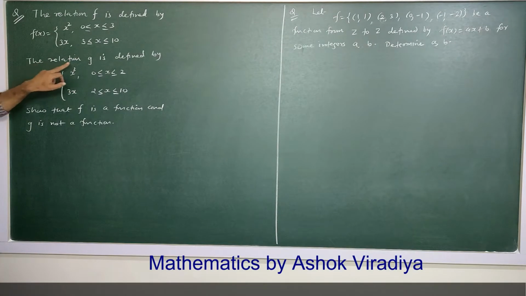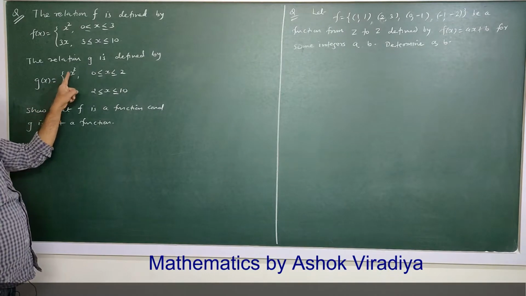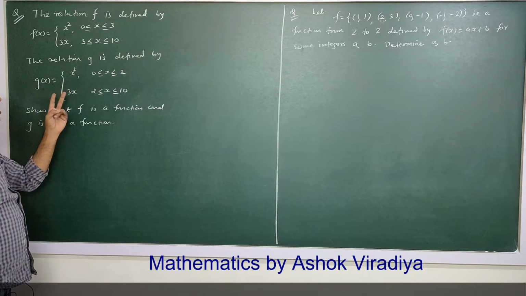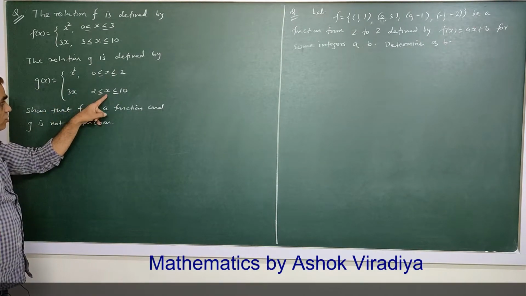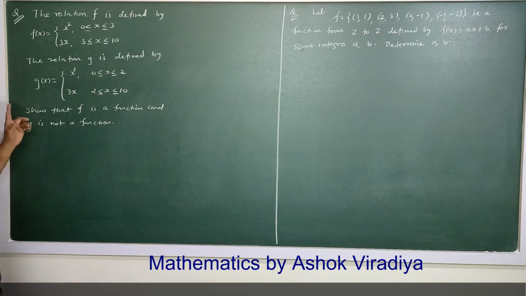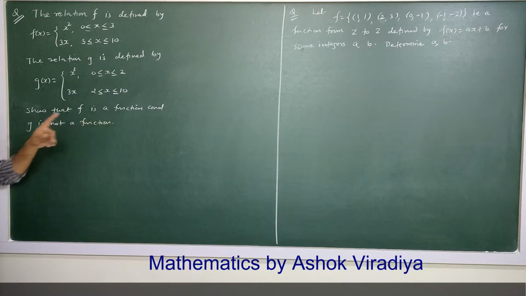The relation g is defined by g(x) equal to x square, where x is from 0 to 2, and g(x) is 3x if x belongs to the closed interval 2 to 10. Show that f is a function and g is not a function.